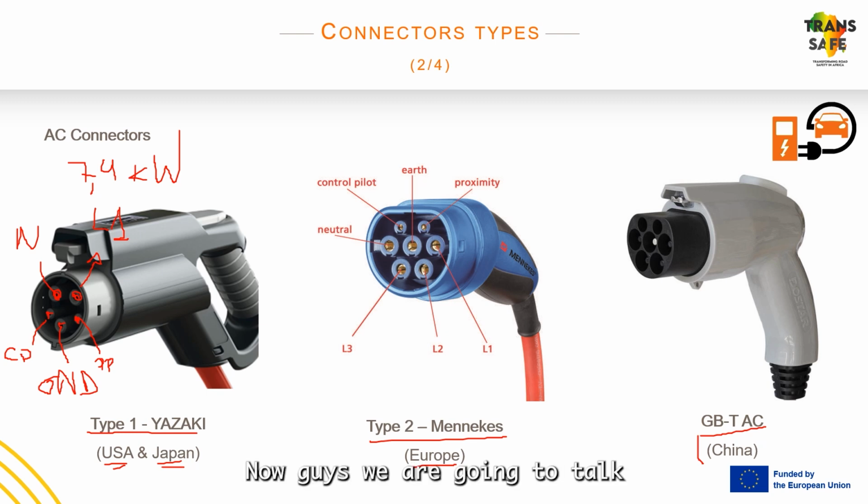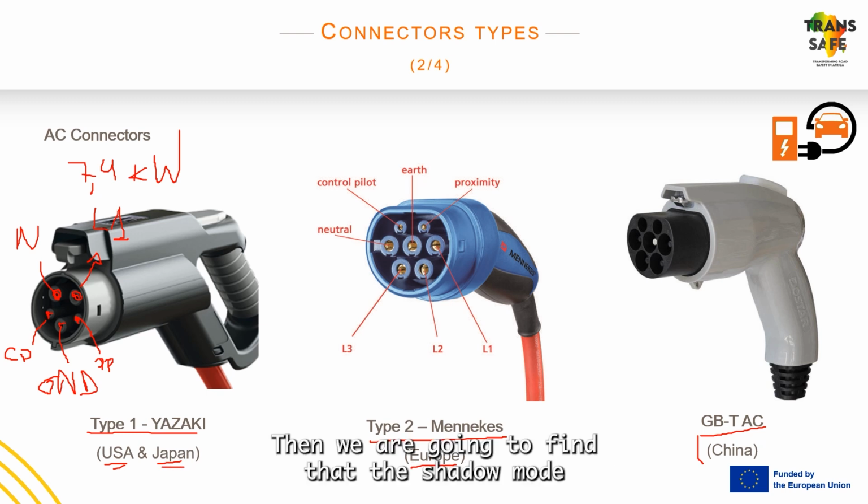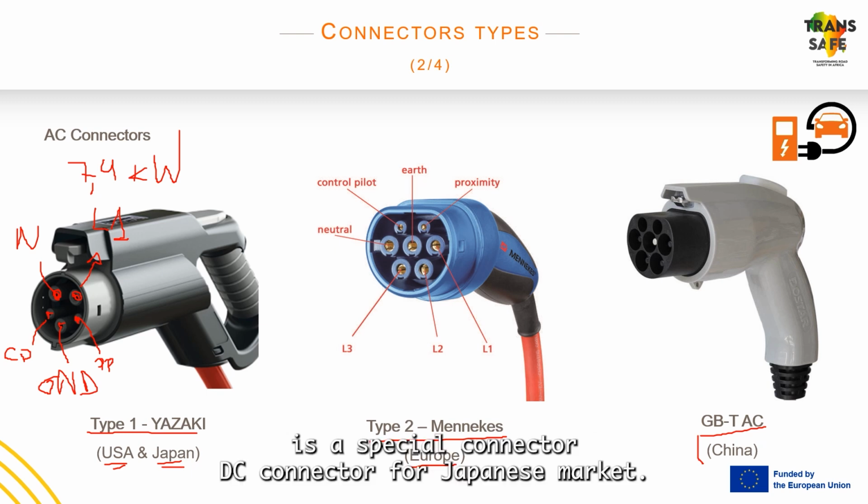Now, guys, we are going to talk about the DC connectors. For the Chinese market, we are going to find the GBT DC, a special connector for the Chinese market. Then we are going to find CHAdeMO, a special DC connector for the Japanese market.